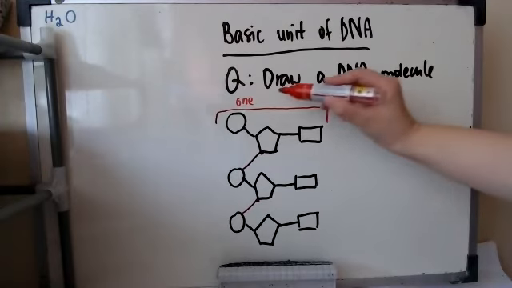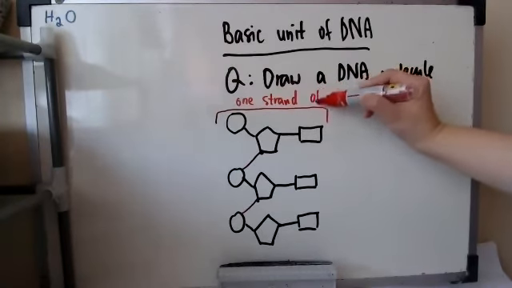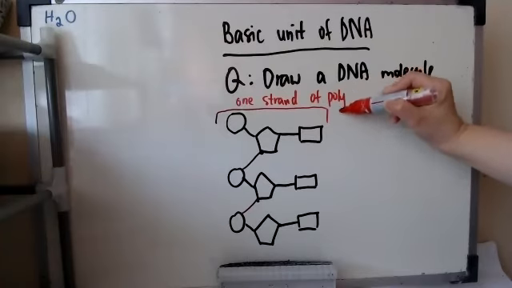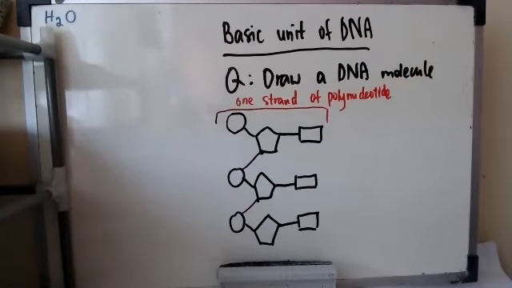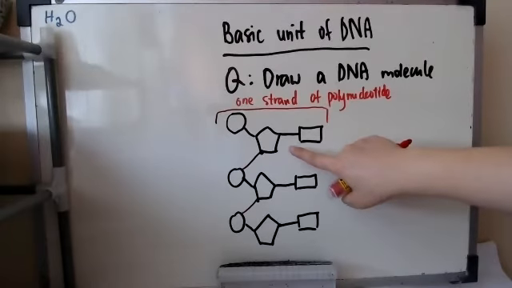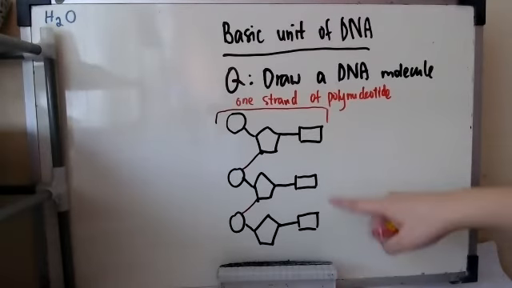This is one strand of polynucleotide. That means you have one nucleotide, two nucleotides, three nucleotides, many nucleotides together, we call polynucleotide.